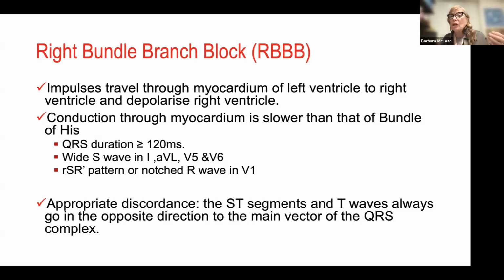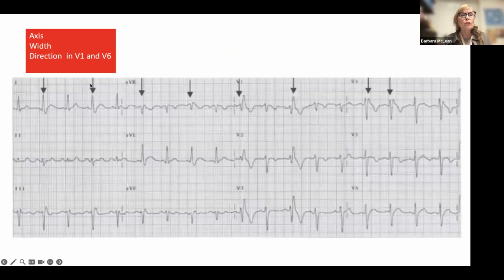Your ST segments and your T waves will go in the opposite direction of the QRS. So the QRS is upright, the ST and the T are downwards. That is abnormal. ST should always be flat. T wave should always go in the same direction as the R wave. So this is called discordance. And the discordance is appropriate when we're talking about a right bundle branch block.